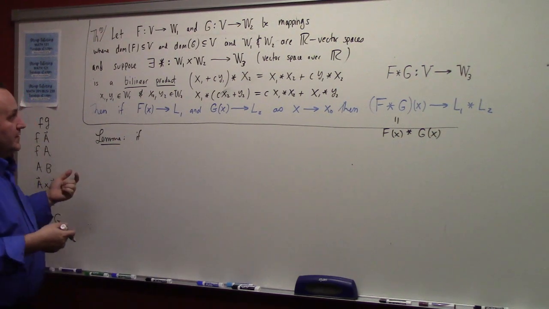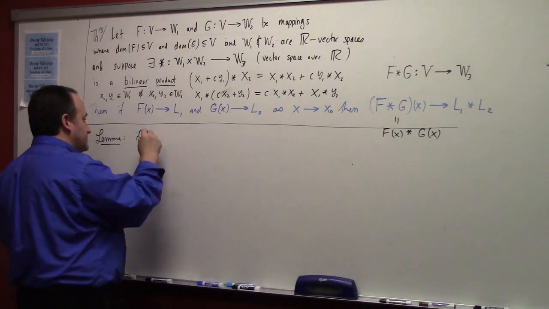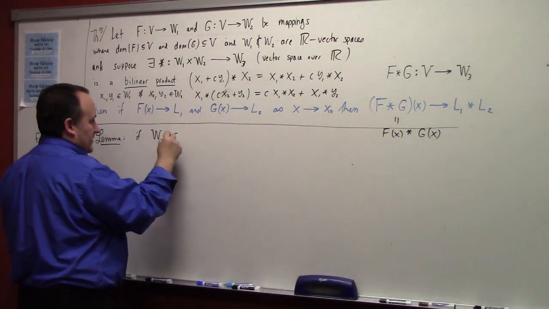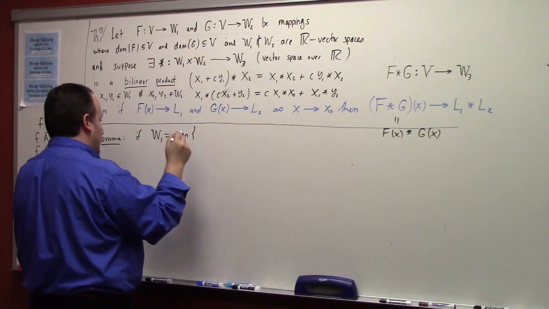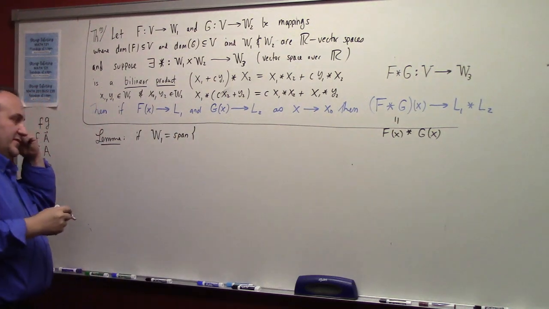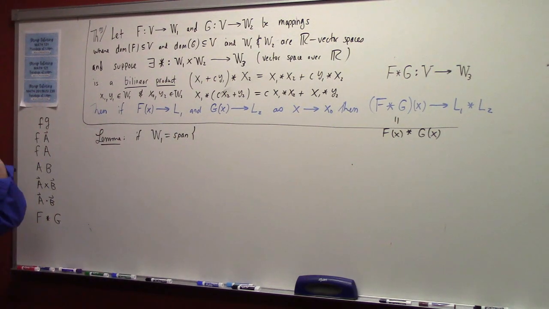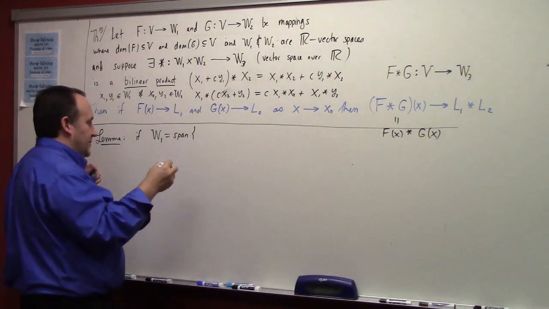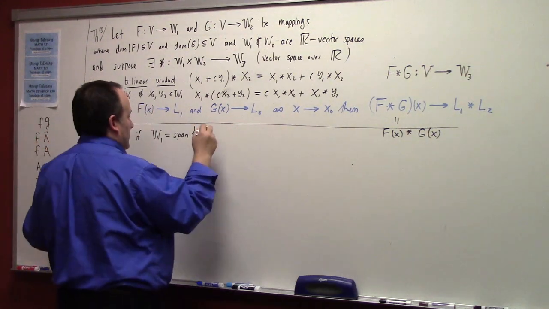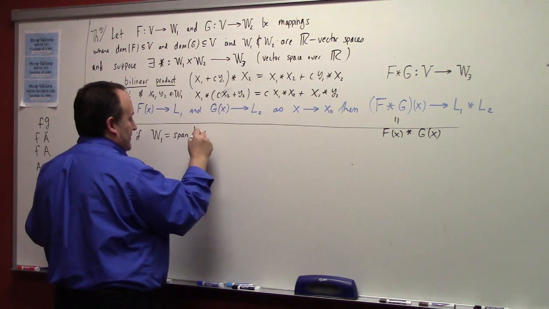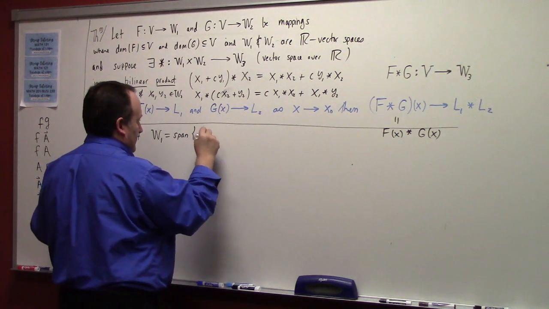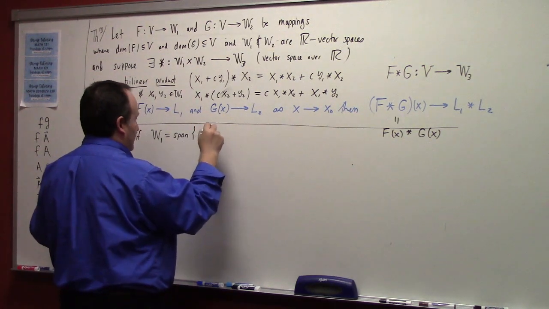Okay, so here's the thing. If W1 is the span of, I don't want to put double indices on these, so I'm going to use letters, all right? So I'm going to say, I guess I'll use alphas, alpha sub i, i equals 1 to M1.